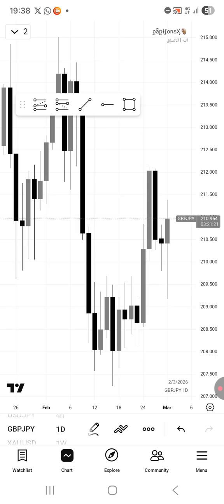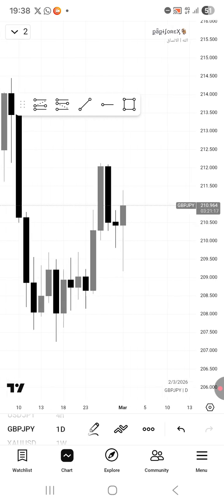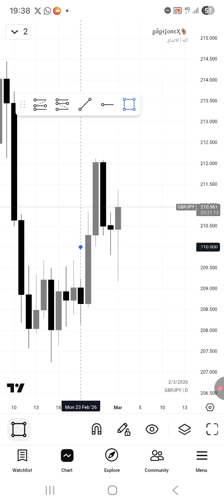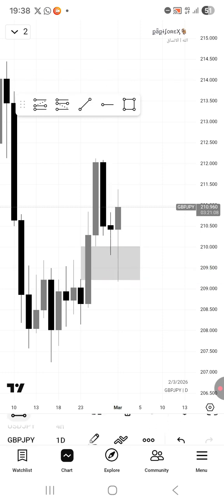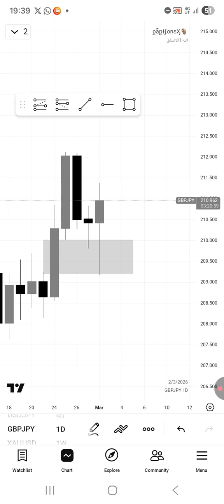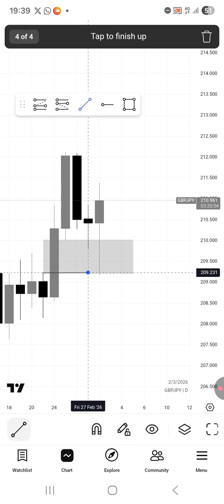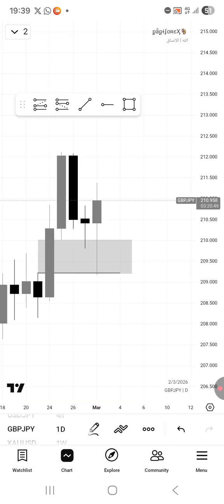So let's start with GJ. On the daily time frame, we can see there's a bullish fair value gap at this area, and price is showing some kind of reaction at this bullish fair value gap. We can see it reacted on the OB at this level on the fair value gap.